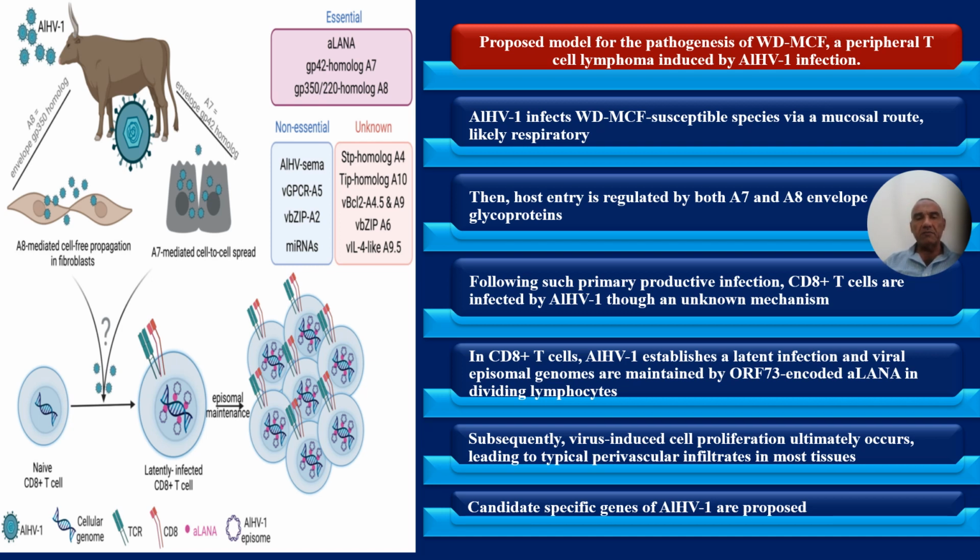Alcelaphine herpesvirus 1 infects a wide range of Malignant Catarrhal Fever susceptible species via mucosal route, likely the respiratory tract. Then host entry is regulated by both A7 and A8 envelope glycoprotein. Following such primary productive infection, CD8 plus T lymphocytes are infected by alcelaphine herpesvirus 1 through an unknown mechanism.